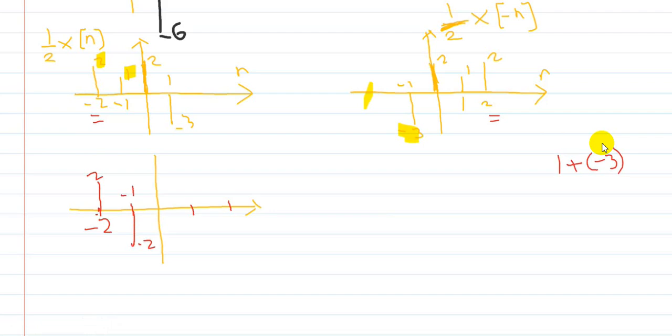Next is at 0. At 0 it is 2 plus 2, which will give me 4. So let me draw it here. This is at 0, and this will be 4 here. Then at 1, we have minus 3 plus 1, which will give me minus 2. So at 1 I'm going to have minus 2 here.